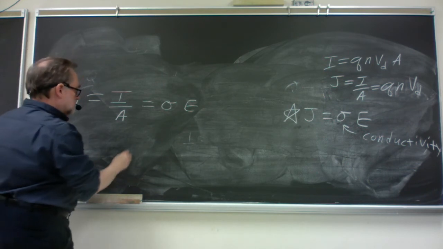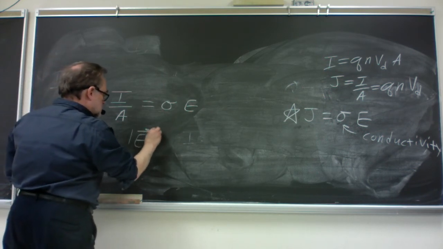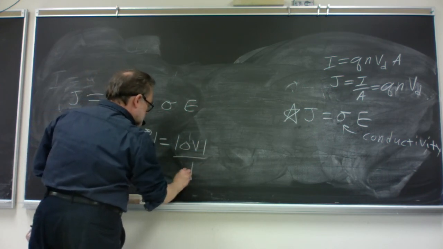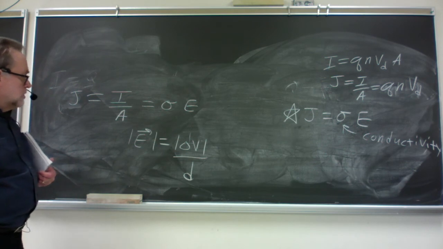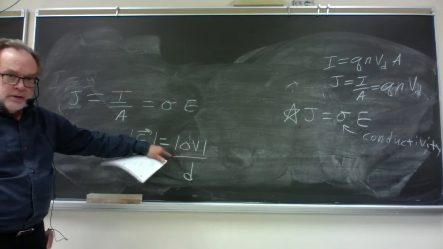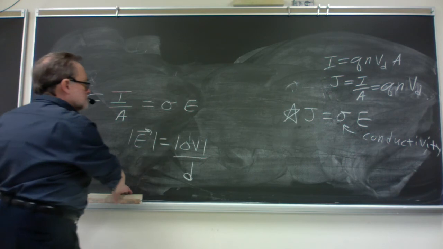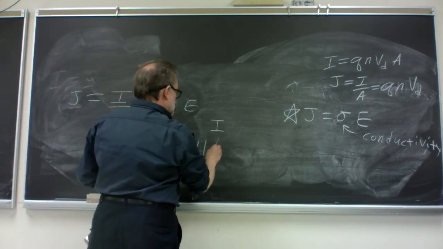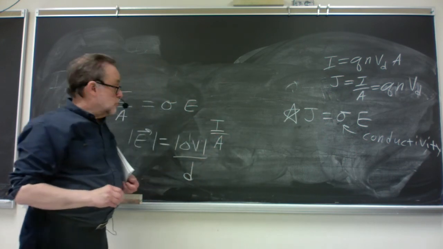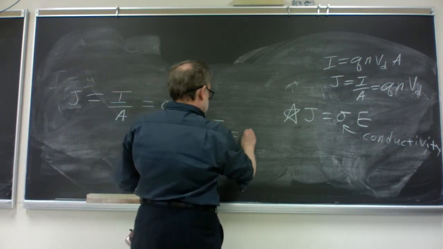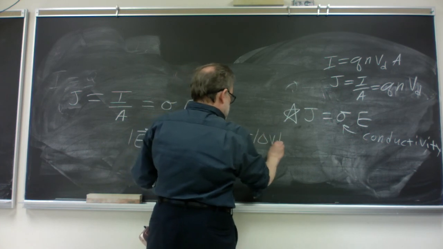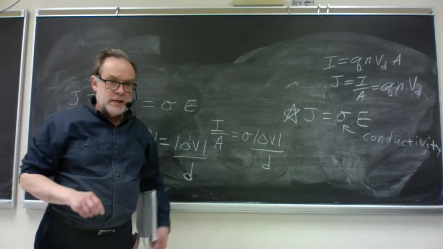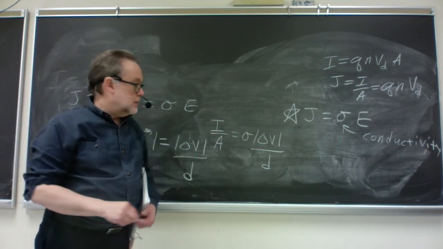But remember, electric field strength is closely related to the potential difference, so I can write the electric field strength this way. Now this equation becomes current over the area through which that current passes equals conductivity, size of the potential difference over D. Multiply both sides of the equation by A, the area, and then what have I got here?